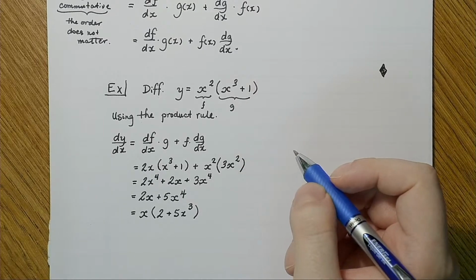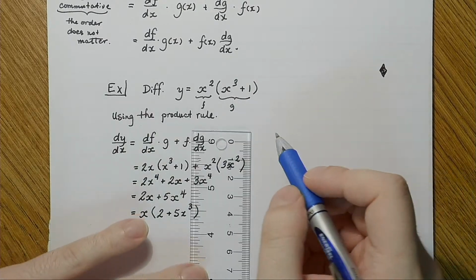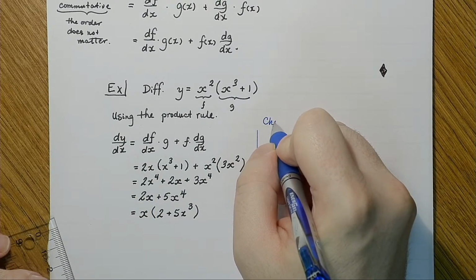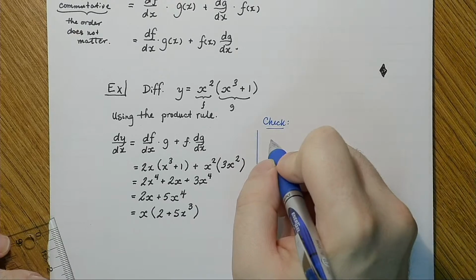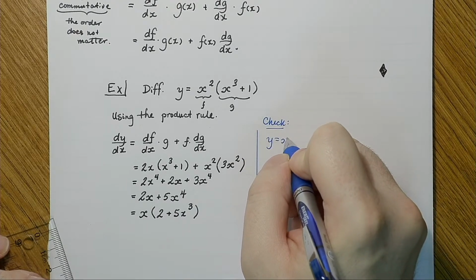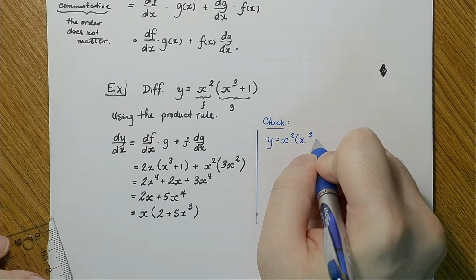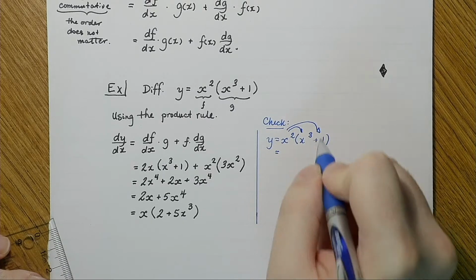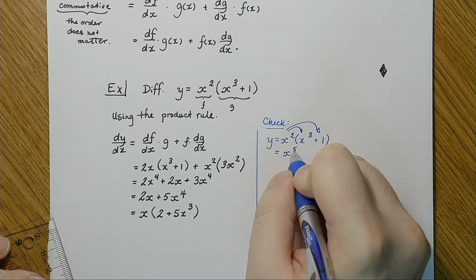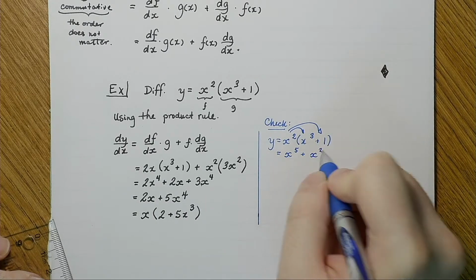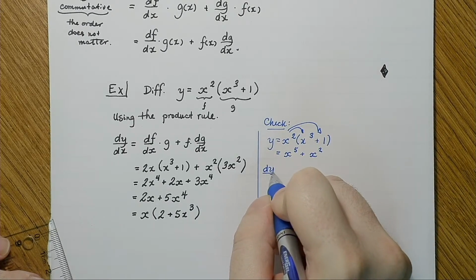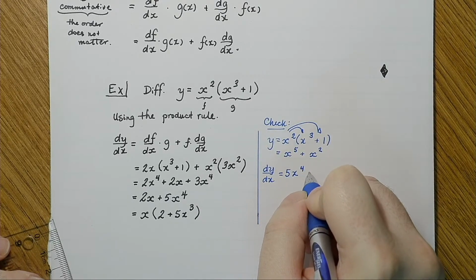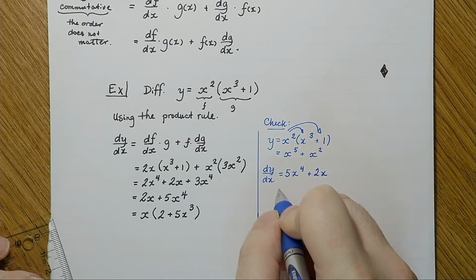So as part of our check, I'm just going to rewrite my y function. I can expand this out, so I get x to the fifth plus x squared. And then if I take the derivative of that, I get 5x to the fourth plus 2x.